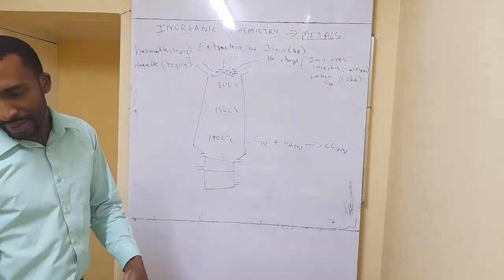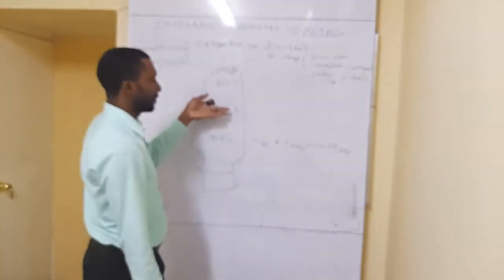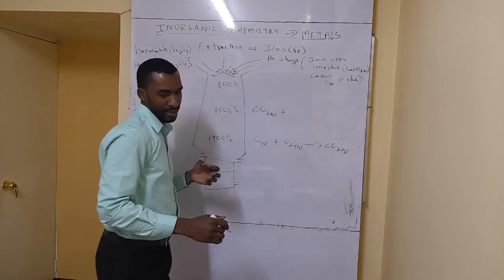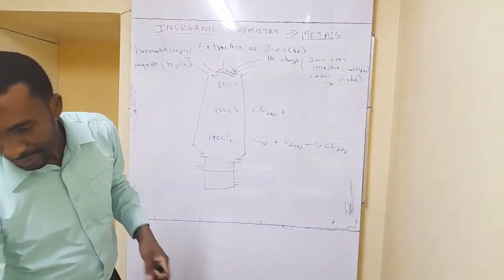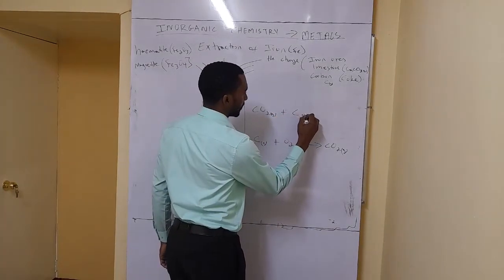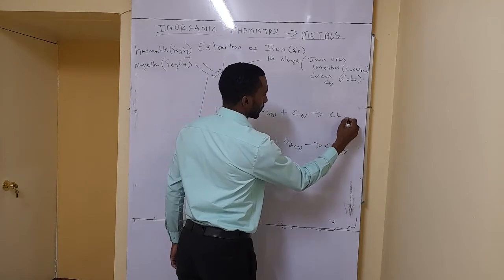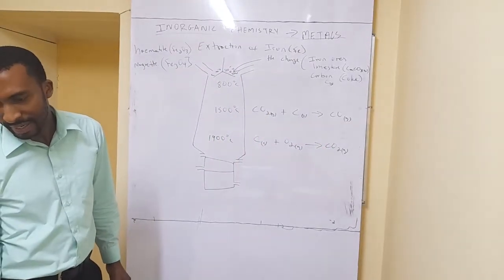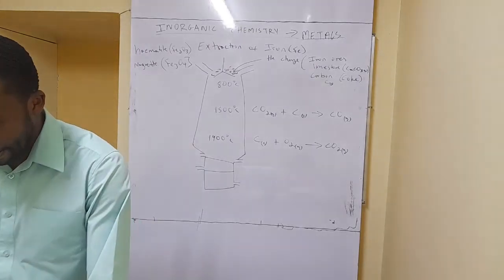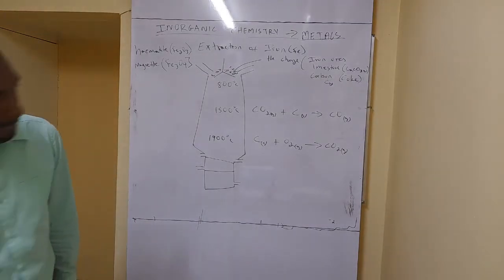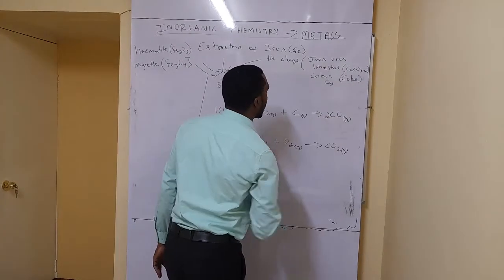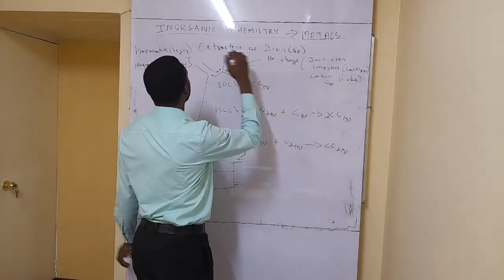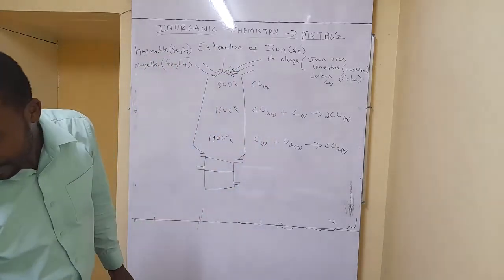When the carbon dioxide comes to a lower temperature, it will react with more carbon to produce carbon monoxide. And then the carbon monoxide gas will now react with the iron oxide.